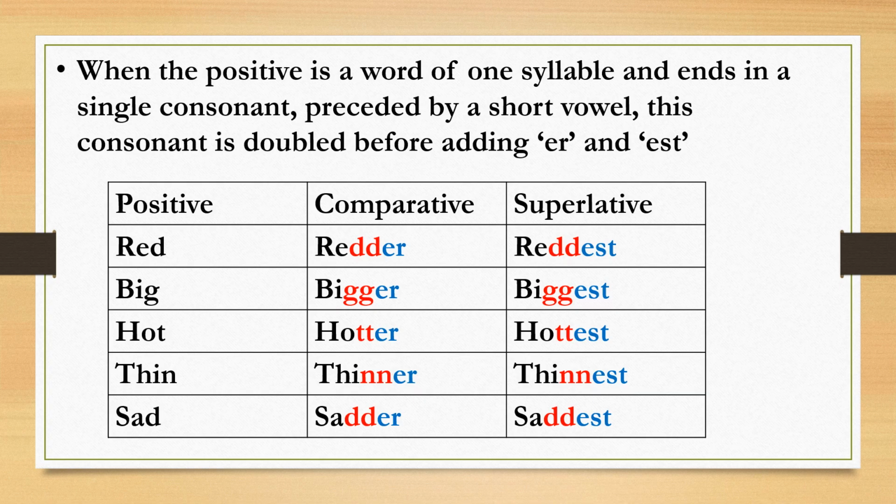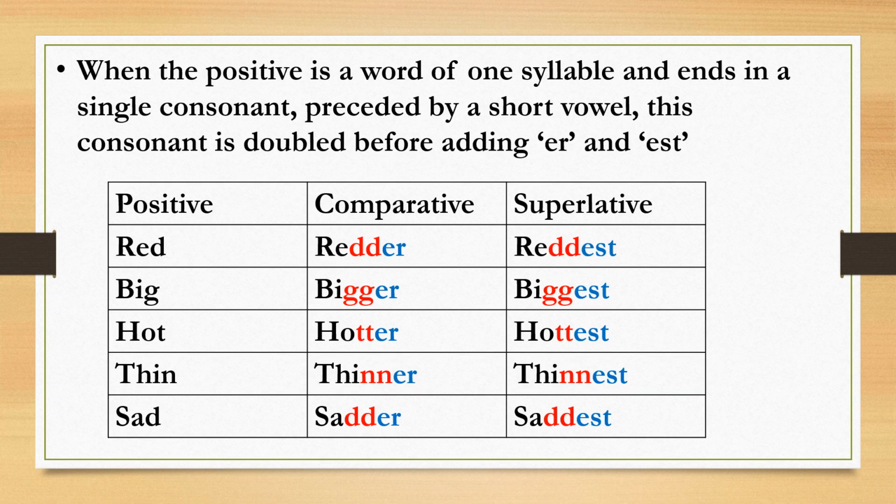Similarly, the second word big in the positive becomes bigger in the comparative and biggest in the superlative, where the letter g is doubled. The word hot in the positive becomes hotter in the comparative and hottest in the superlative, where the letter t is doubled.